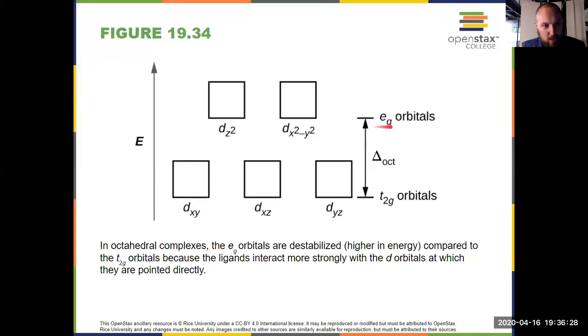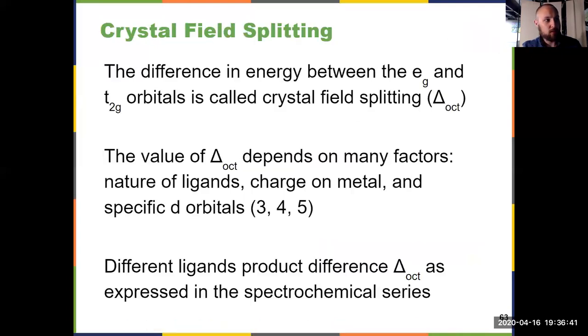And that energy difference we call delta oct, and the oct stands for octahedral. And the difference between those two energies, which comes from crystal field theory, is called crystal field splitting. Okay? And every complex has a different value of delta oct, that energy difference.